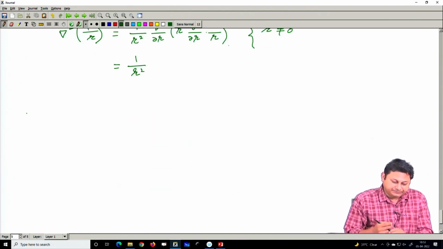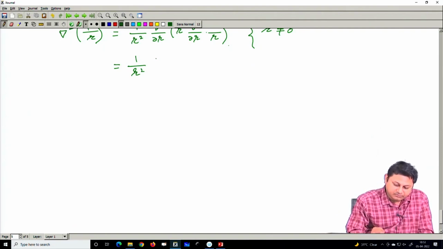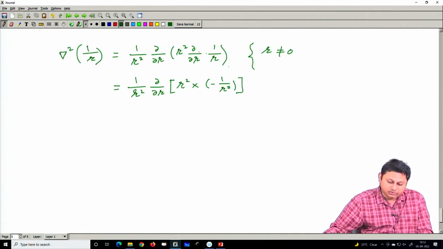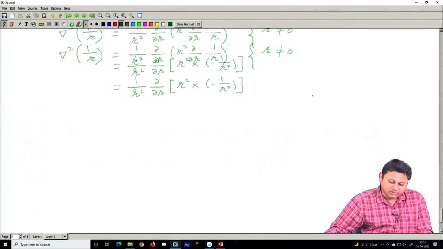Then it is del r, and we have r square multiplied by minus 1 by r square, because the partial derivative with respect to r of 1 by r should be minus 1 by r square.